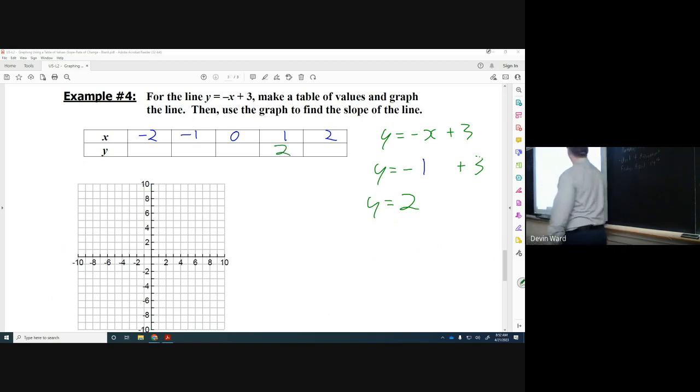Okay. So when x equals 1, y is 2. If x equals -2, what is y going to equal? 3. Good.